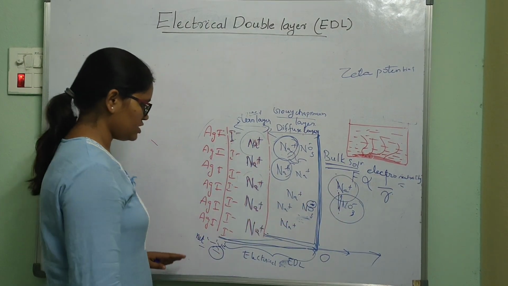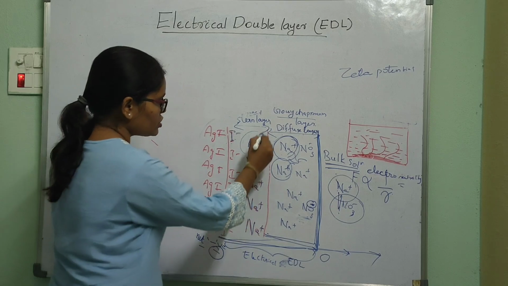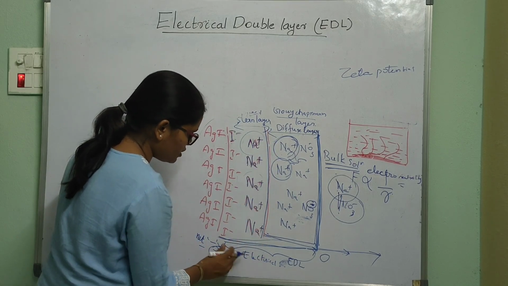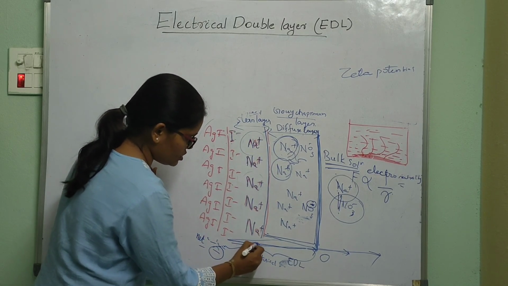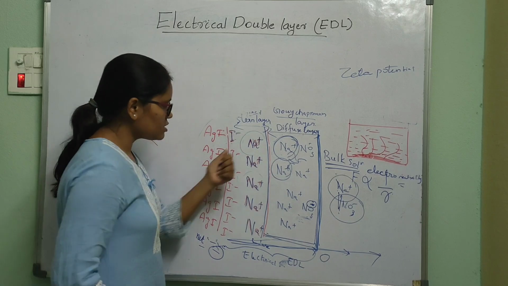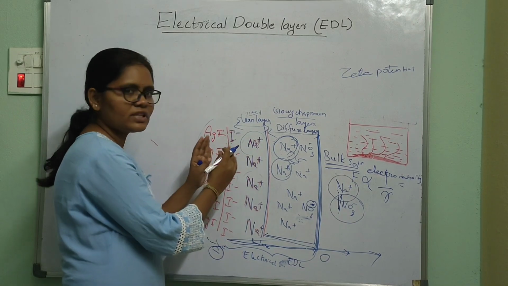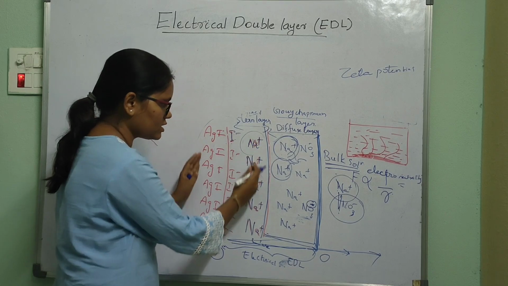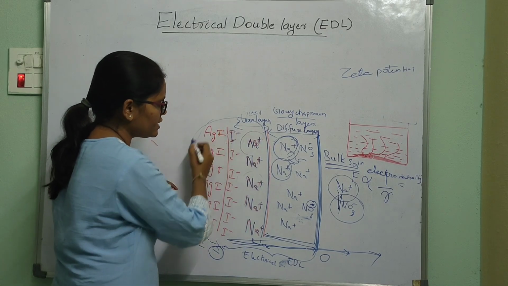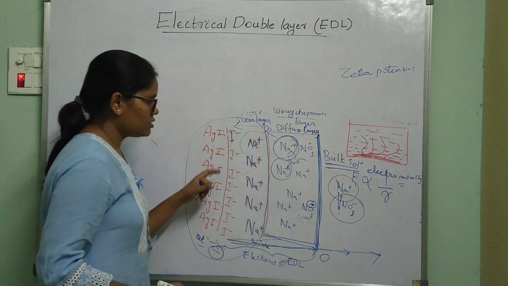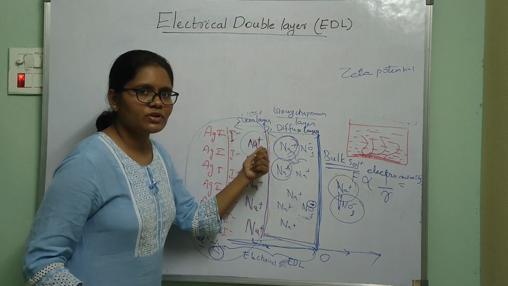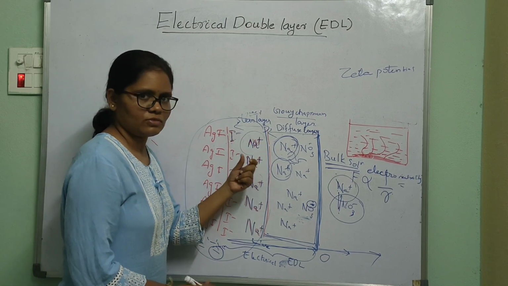So till here you have a net negative charge. Here some sodium ions are neutralizing iodide ions, but even then there is no complete electrical neutrality. There will be net negative charge here, since each iodide is not neutralized by one sodium ion.